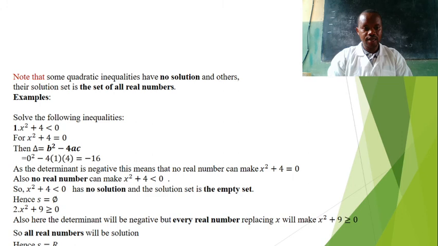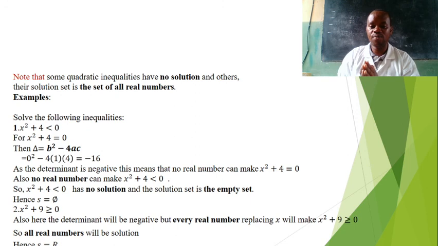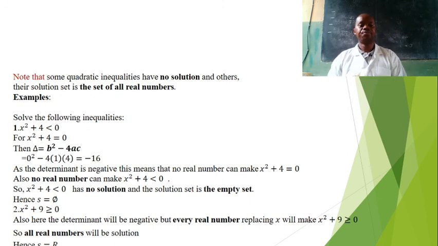For example number 2, we are given x squared plus 9, which is greater than or equal to 0. When you try to use the same way as the first example, by using the determinant, you will find that the determinant also will be negative, meaning less than 0.